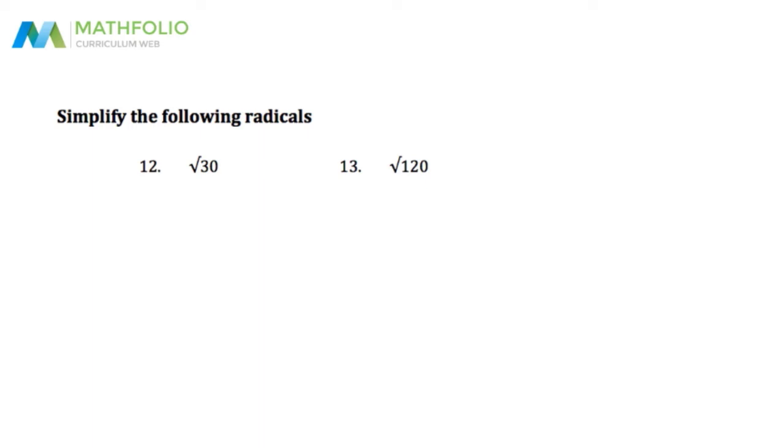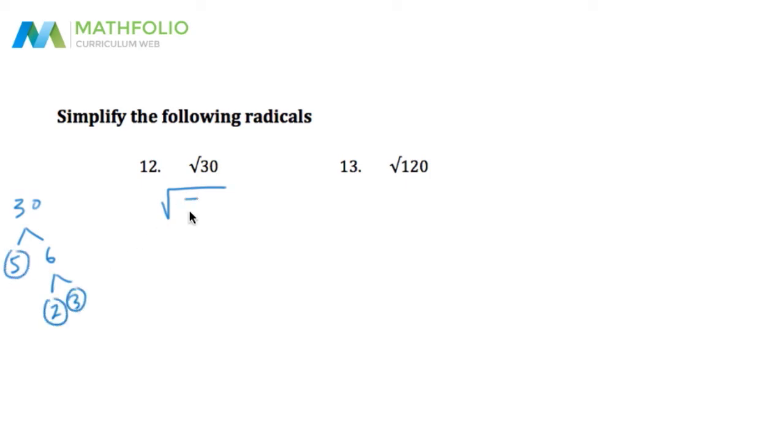Okay, so number 12 is here, so let's try this one. Number 12 is saying the square root of 30. Well, I'm not sure if we're going to be able to pull out a square root factor here. So let's see. If we break 30 down, and you can also use prime factorization, we could say 5 times 6, and then 6 would break into 2 times 3. These are all our prime numbers.